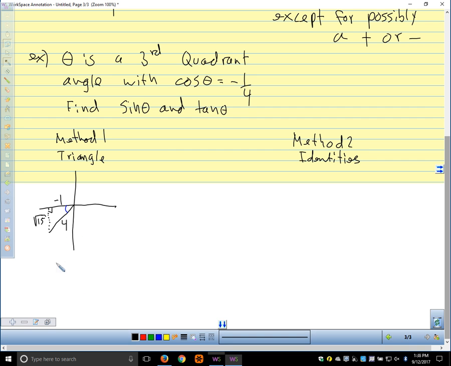Sine theta? Very good. We're in the third quadrant, so this needs to be negative. So we have to label our sides appropriately to the quadrant order. So sine theta is going to be opposite over hypotenuse, negative square root of 15 over 4.